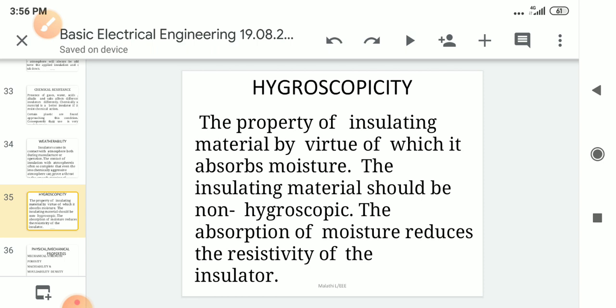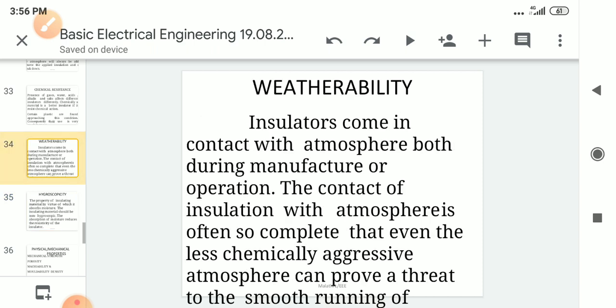Due to weatherability, if it absorbs any moisture, then the insulation material automatically loses its resistance. That's why our insulating material must be non-hygroscopic in nature, and it must be chemically resistant to some gases, rain acids and some liquids like that.